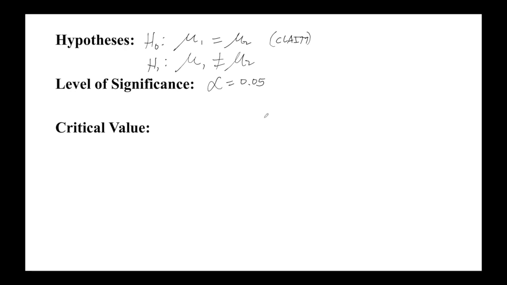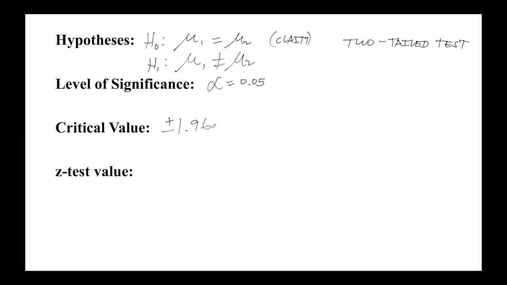Upon checking the 0.05 level of significance, and this is a two-tailed test, just look on the table for two-tailed test and 0.05 alpha level. So, upon checking, you can see ang value niya, ng critical value, will be positive, negative 1.96.